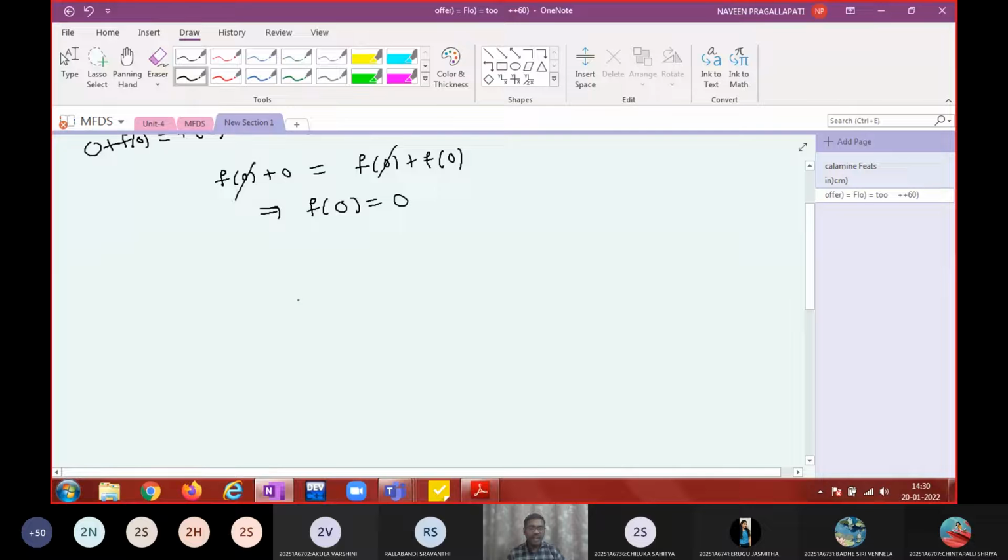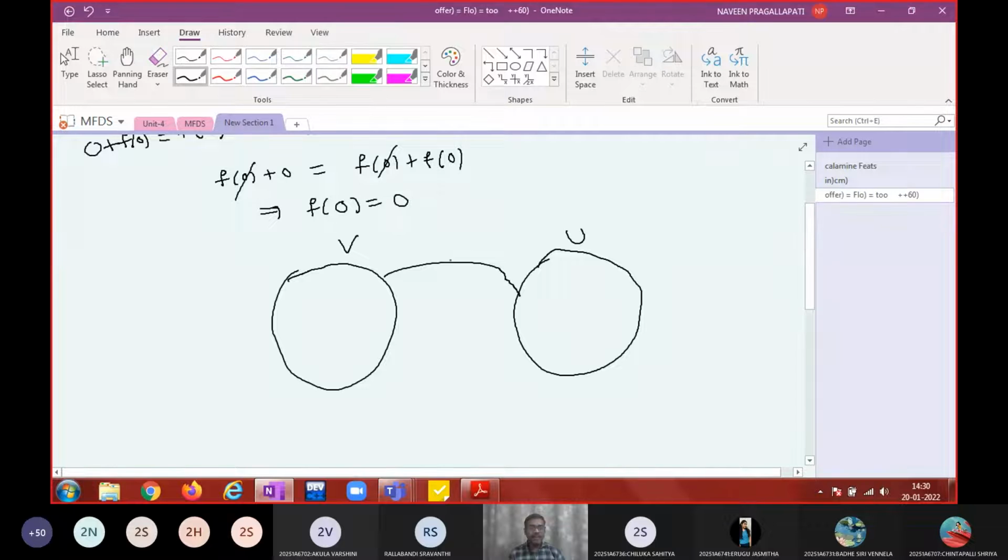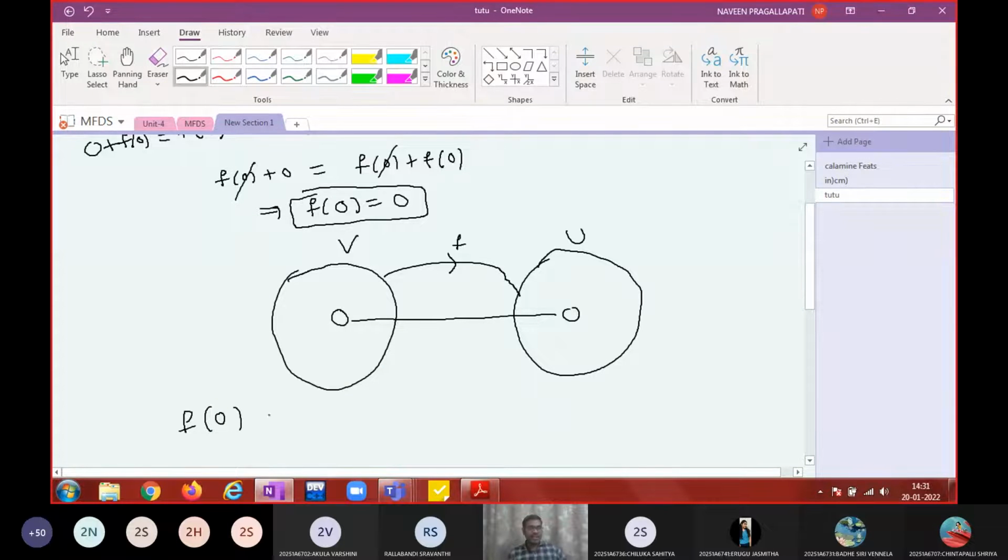So what it says is, when you have a linear transformation, what is the necessary condition? If you have a linear map from one vector space to another, then 0 must necessarily be mapped to 0. If somebody gives a function, first you put 0 in that function.